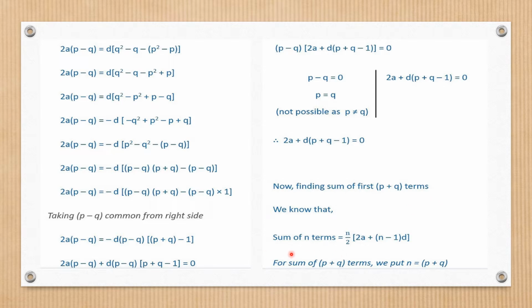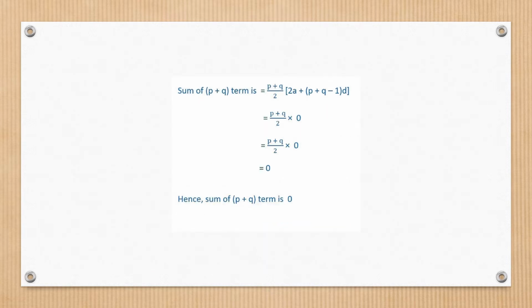Now let us find the sum of first p plus q terms. How will it be there? As the formula for Sn is n by 2 times (2a plus (n minus 1)d). So what will be the sum of p plus q? It will be S(p plus q), and you have to replace this n by p plus q. So we get the sum of p plus q terms here as (p plus q) by 2, (2a plus (p plus q minus 1)d).